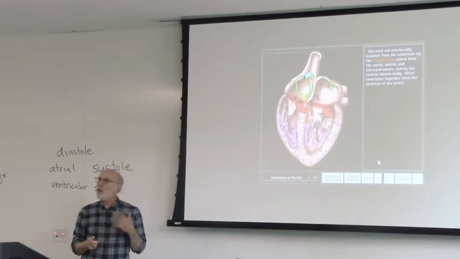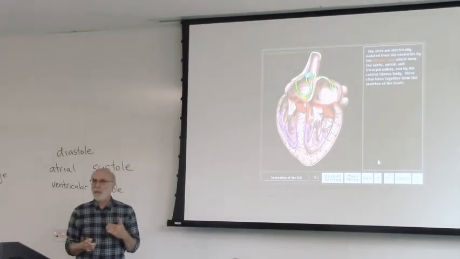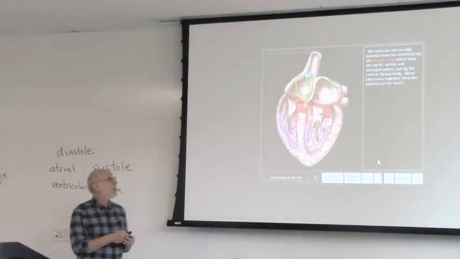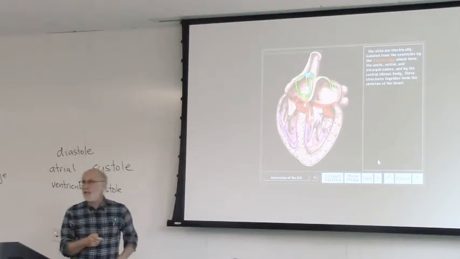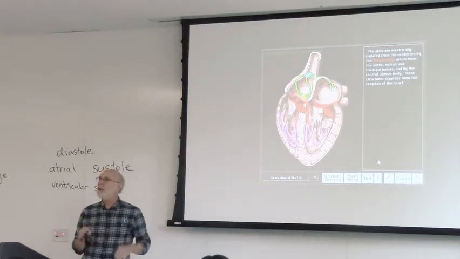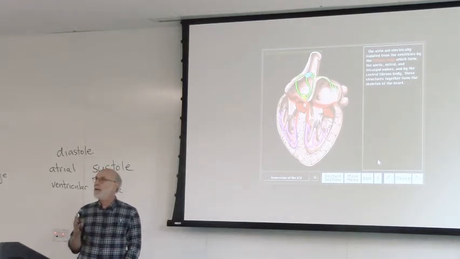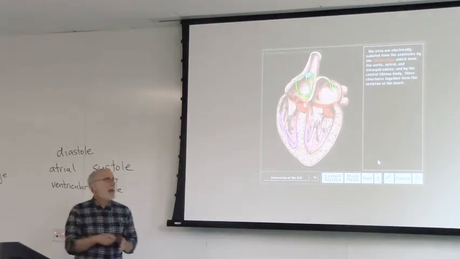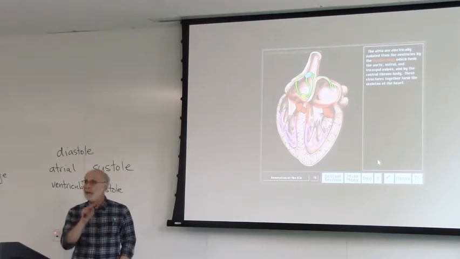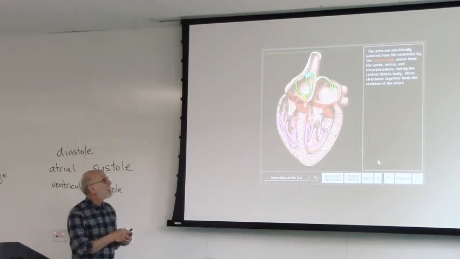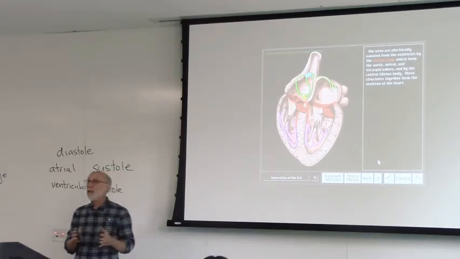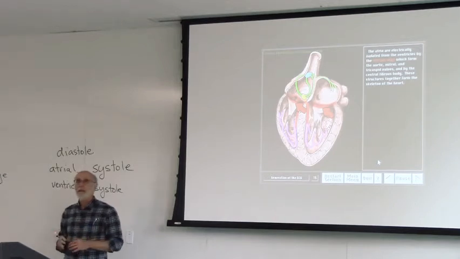You might be wondering, why does it only go through the AV node? And the answer to that question is that the atria are electrically isolated from the ventricles. There's a layer of fat and connective tissue that prevents the spread of electrical activity from atria to ventricles, except at the AV node. The AV node is the window from the atria to the ventricles as far as electricity is concerned. Except for the AV node, the atria are insulated, isolated from the ventricles.